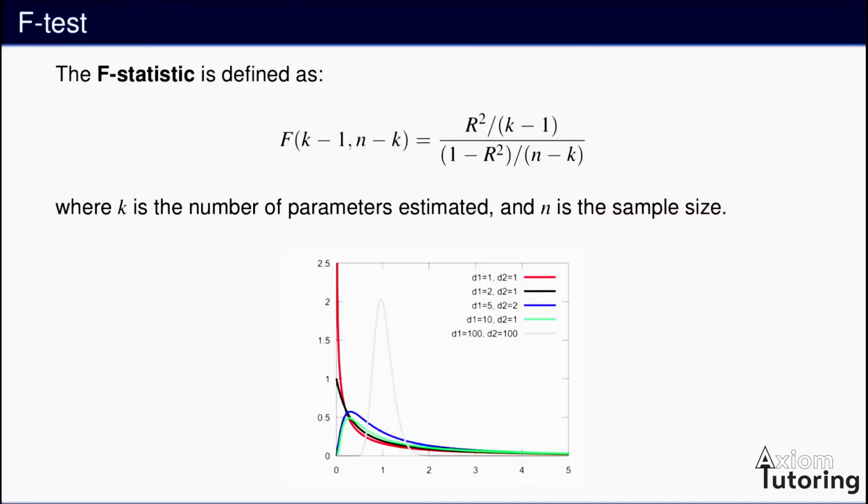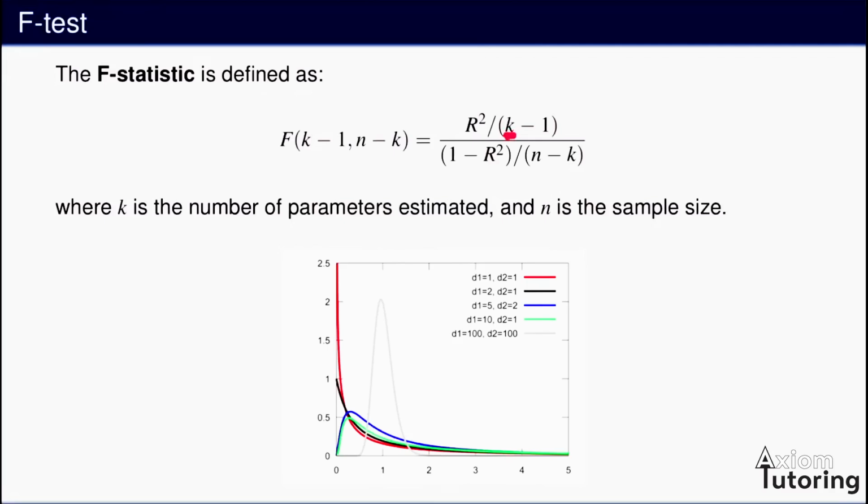So how is the F statistic defined? Well, F will be equal to R squared, which is a measure of the explanatory power of the model that we saw in a previous video, divided by K minus 1, where K is the number of parameters that are being estimated in our model. So remember, in our model, we had three parameters that were estimated. There was alpha, beta 1, and beta 2.